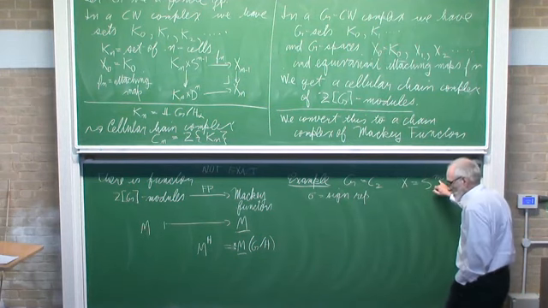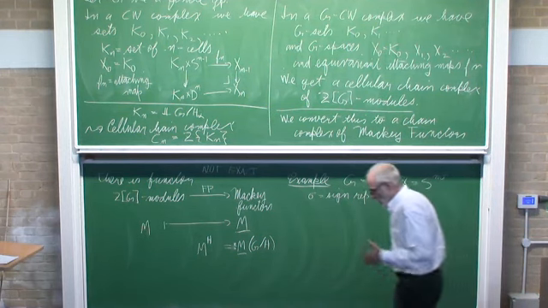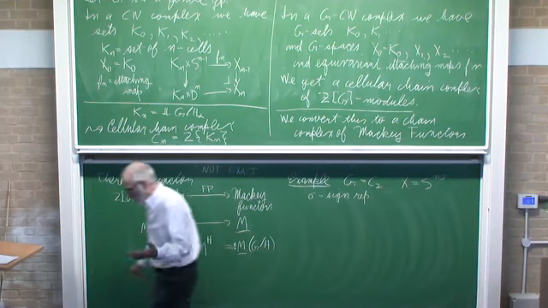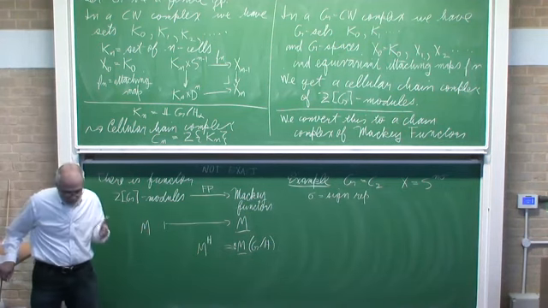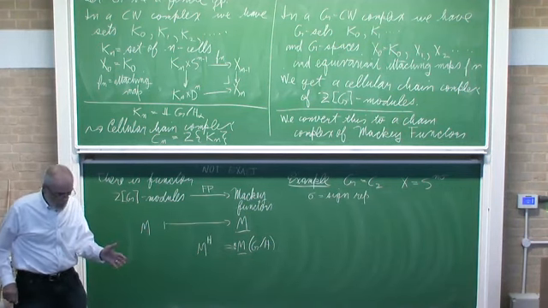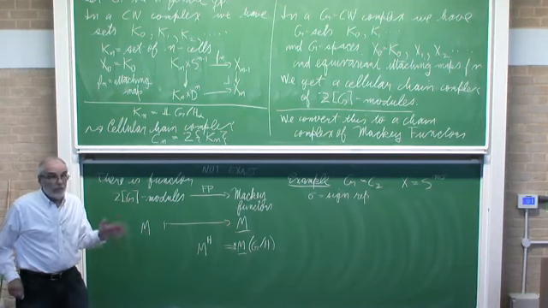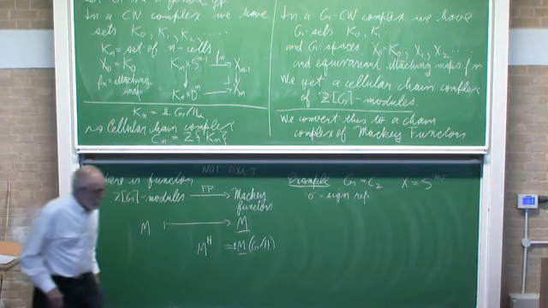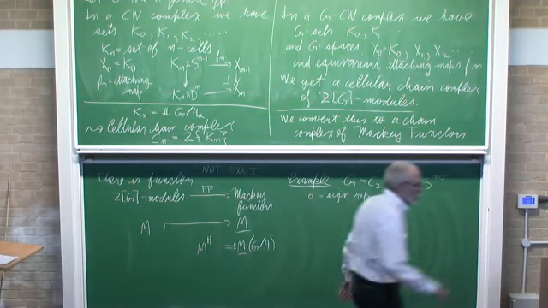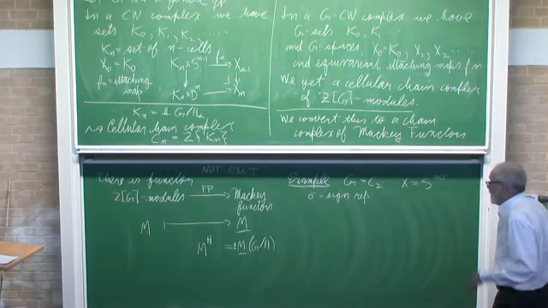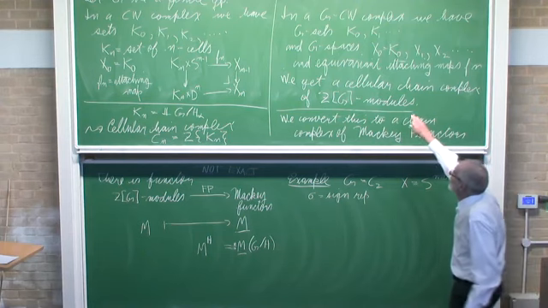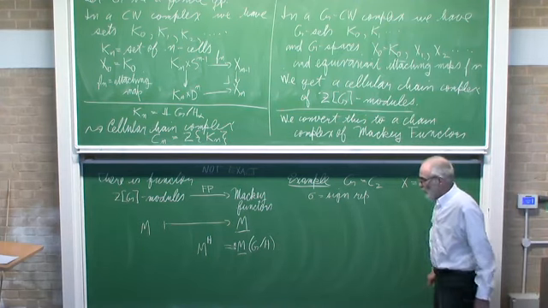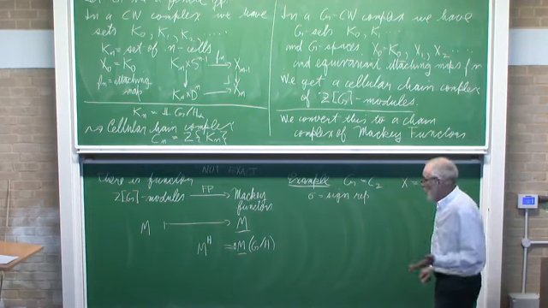So S^{nσ} means you have R^n with the sign representation, n times sigma, with the antipodal action, and you take the one-point compactification, and that's S^{nσ}. I'm going to write down this cellular chain complex for it, and I'm going to do the reduced homology.